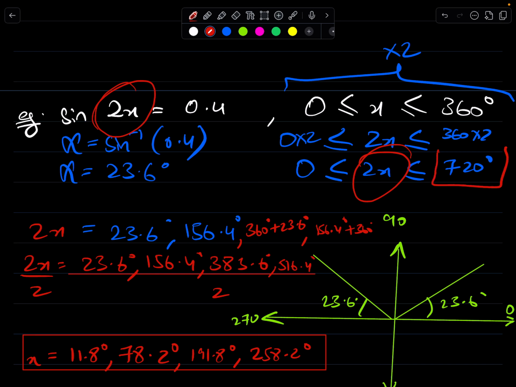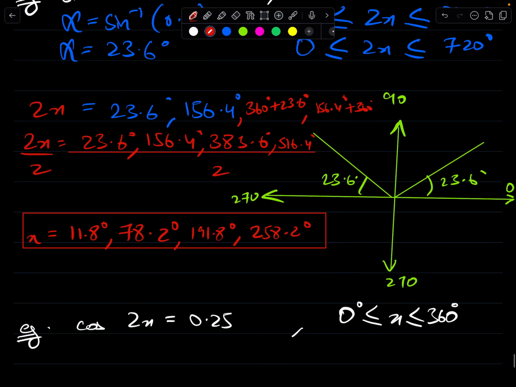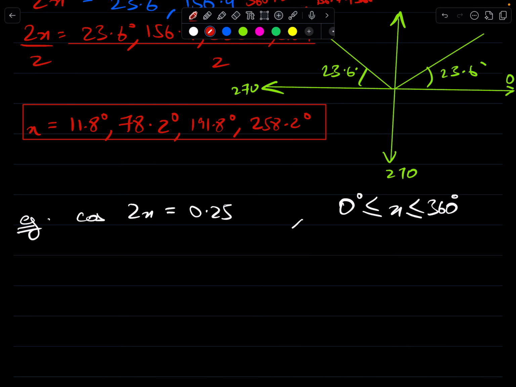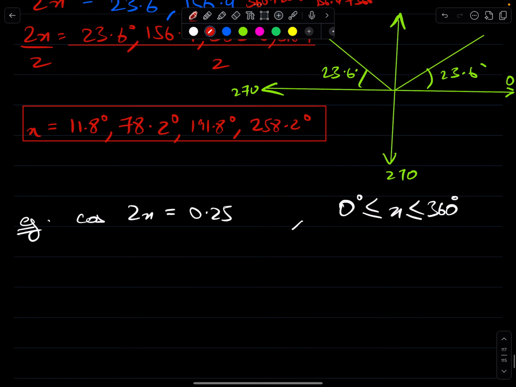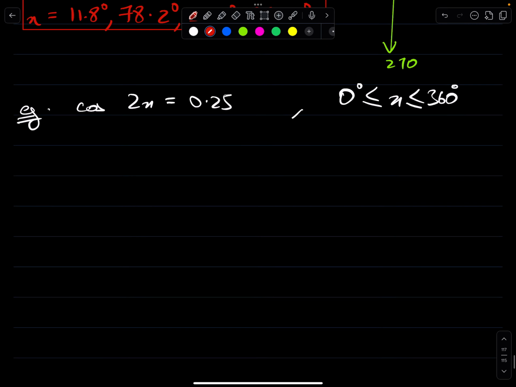Like in this case, the maximum degree can be 720 degrees if it's 2x, and we have four answers. If we did not alter the range, we might end up making the mistake and get two answers, whereas there are four answers.